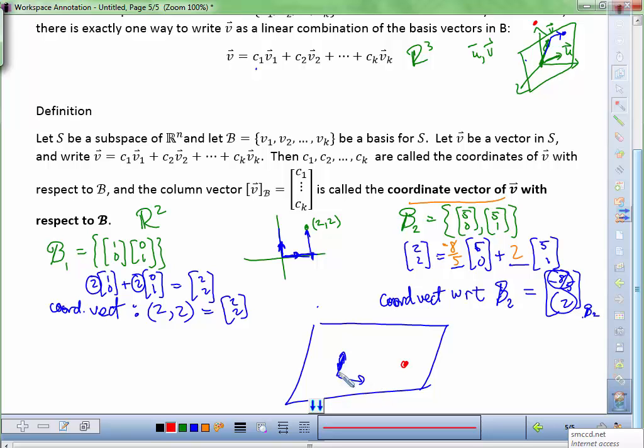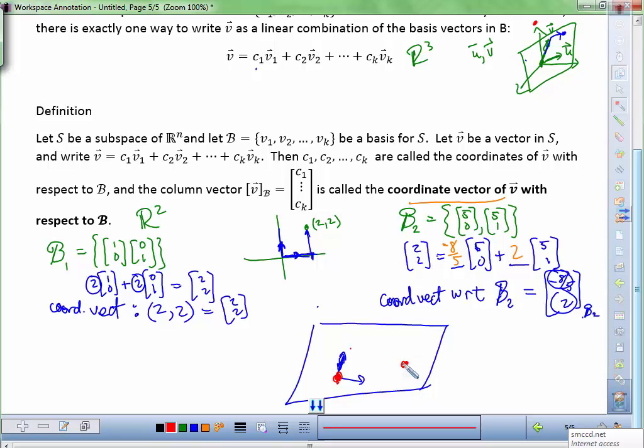Well, because you have no more reference. If you're on this plane in R3 and you don't know where the origin is, you're going to create your own origin on the plane, and then you're going to use these vectors to move around to get to a point.